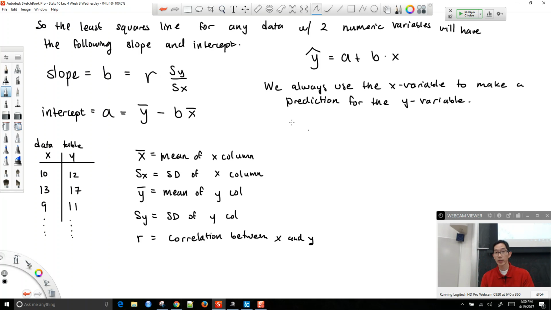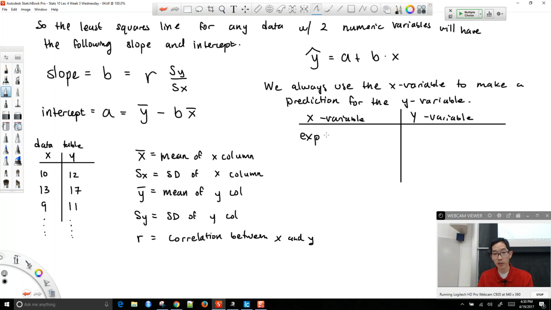We have other names for the x and y variable. Sometimes the x will be called the explanatory variable, and y would then be called the response variable.